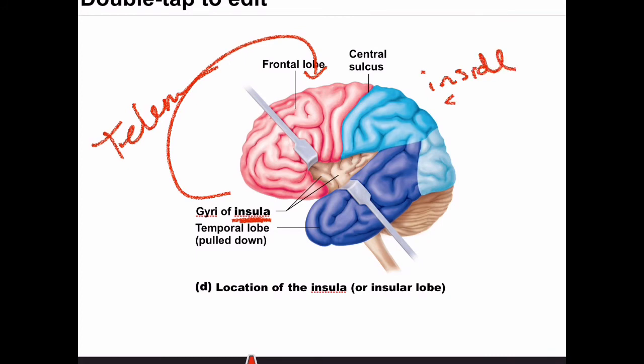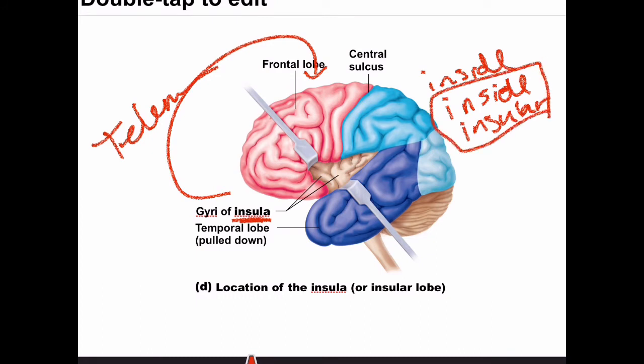inside. Inside is insular. There it is. Okay, that's where I was going. Here we go. Okay, so it's the inside region of the brain. And so what you're looking at here is the gyri up here.